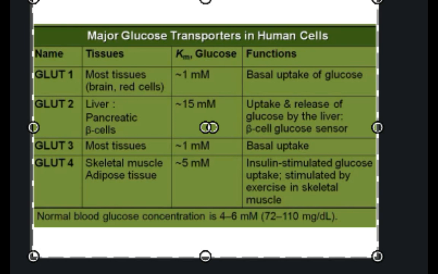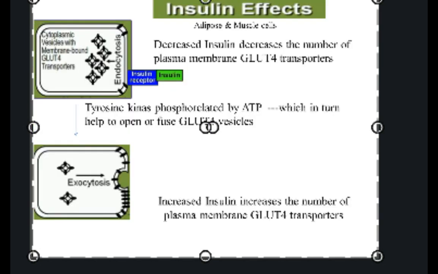Even the glucose transporter present on liver cells can work at half of its maximum capacity. Here is glucose transporter 4, which is insulin dependent, and most of these transporters are present in the form of vesicles inside the cell, in muscle cells for example.